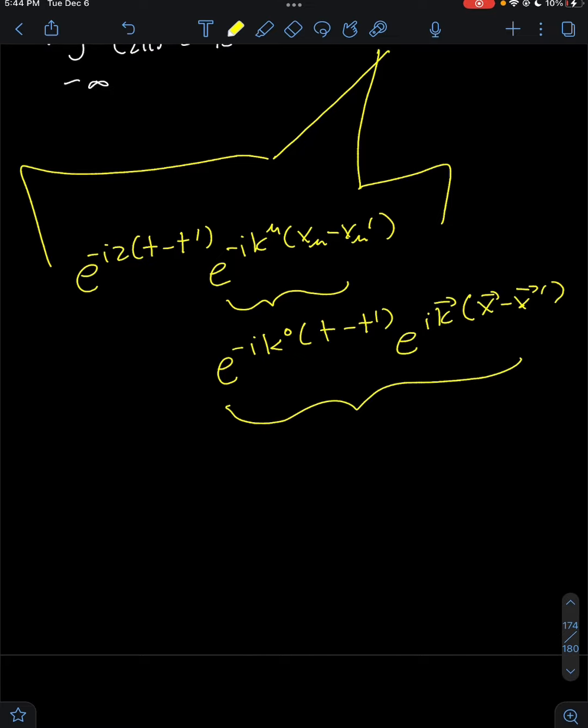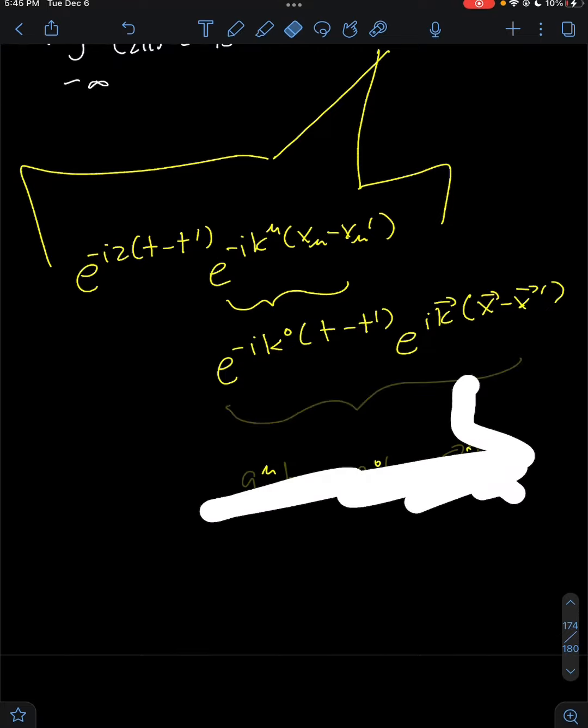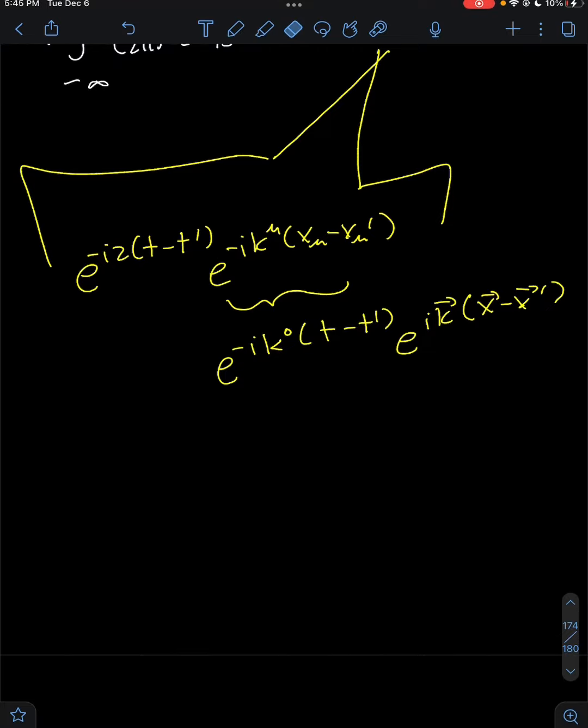Spoiler alert: remember that the dot product of A_mu and B_mu is going to be A_0 B_0 minus A_i B_i, or the 3-vector A dot B, whatever notation you're using. So that's why this is going to be positive for the second exponential right over here. So we can now just move this guy down over here.